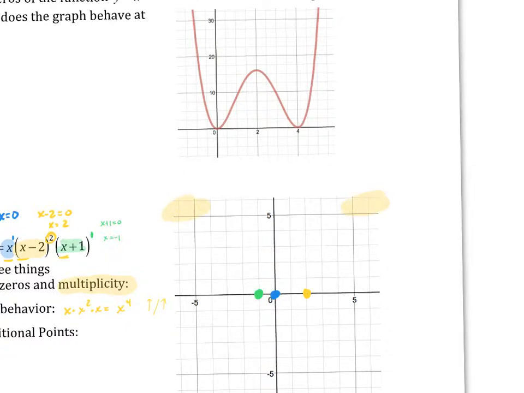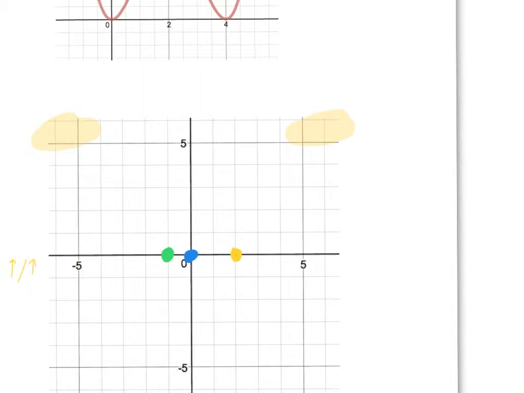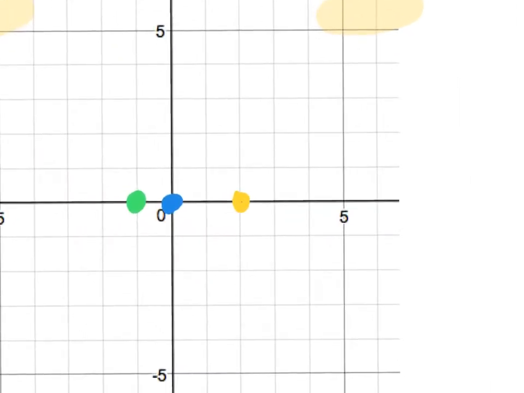And then it just does something inside there. And we're going to pay attention to its multiplicity, especially at this point at 2 there. So it's going to come down, come back up, and then it's going to look parabolic right there. So watch. I'm going to sketch it real quick. It's going to look linear right here. It's going to look linear here, and lastly, it's going to look parabolic here.